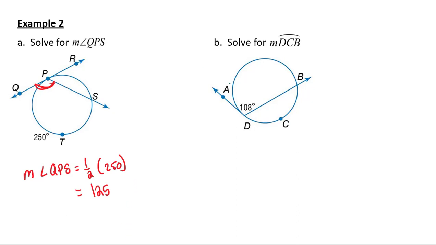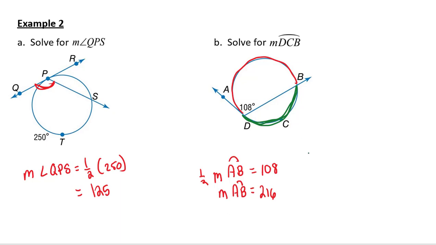So in this next example, I need to find the measure of DCB. Well, that's 360 minus the measure of this arc here. The measure of arc AB, half of that is equal to 108. So that means that arc AB, if I multiply by 2, I get 216.